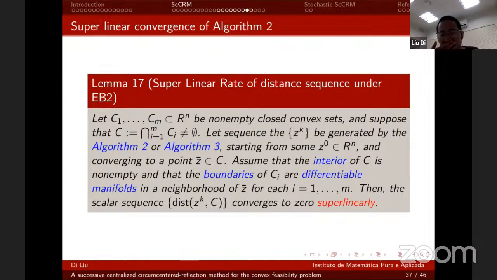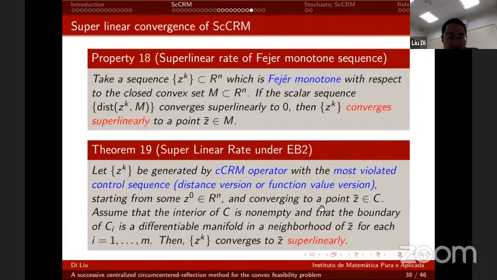But it is not a very strict assumption. Then we can first get that the distance sequence converges superlinearly. Okay, so with another property of the feature monotone sequence, it says if the sequence is feature monotone and if the distance converges superlinearly, then the sequence converges superlinearly.